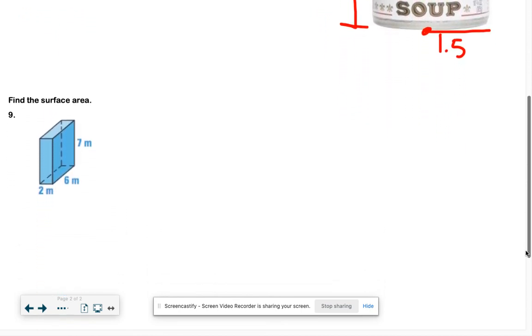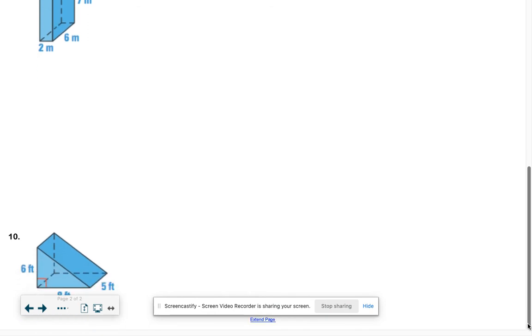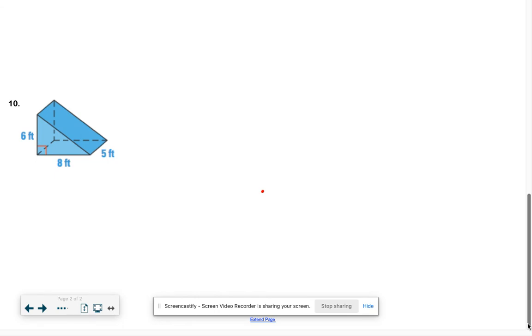Number 9 is a review, but let's do 10 together because these are hard. Okay, so here we go. It's been a minute since we've done a triangular prism. So our base area, remember, our base is this triangle here. How do you find the area of a triangle?